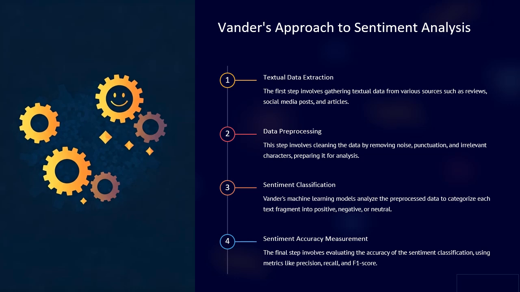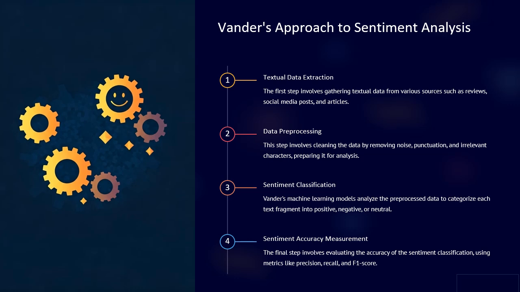Precision indicates the percentage of positive identifications that were actually correct. For instance, if a model classified a statement as positive, precision measures how often the classification was correct. Recall, on the other hand, measures the ability of a model to identify all relevant sentiments within the data. It tells us how well the model captured true positives, even if they are hard to find.